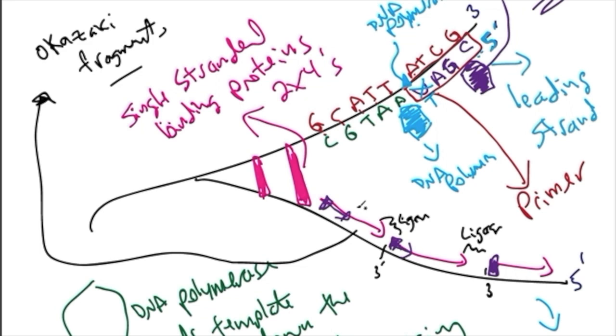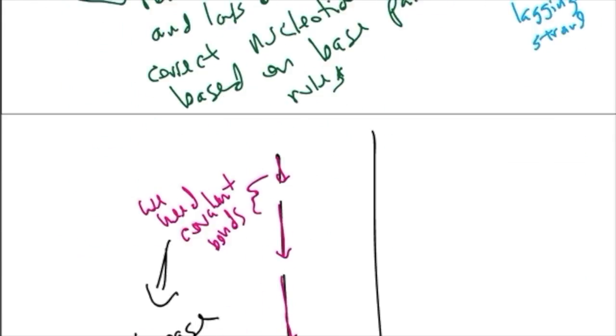Now you would think that this would take a really long time, but it doesn't. Because what's happening is you have a bunch of this happening at the same time on the same strand, on different parts of the strand. So you'll have it happening here, and here, and here, and here.